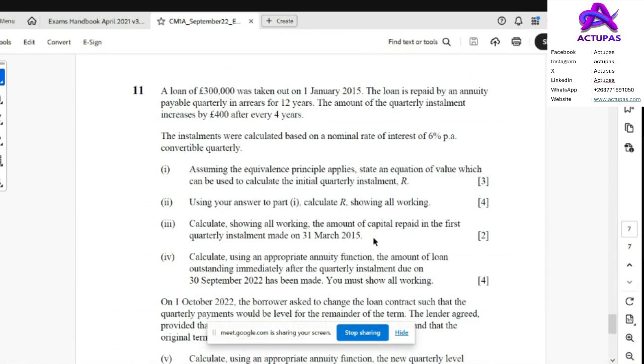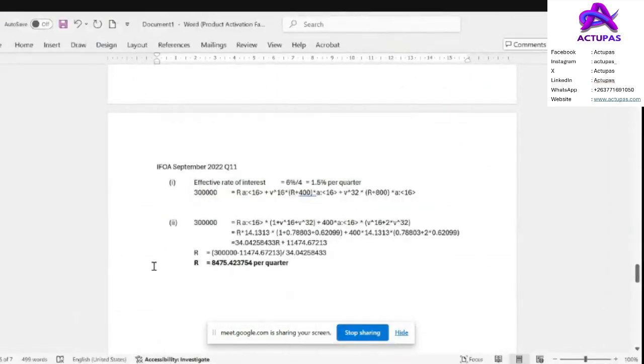So you want the amount of capital repaid in the first quarterly installment. So the loan is 300,000, right? And the first interest payment will just be equal to the interest rate times the whole loan amount, and then we subtract that from the installment to get the capital. So this is part 3.